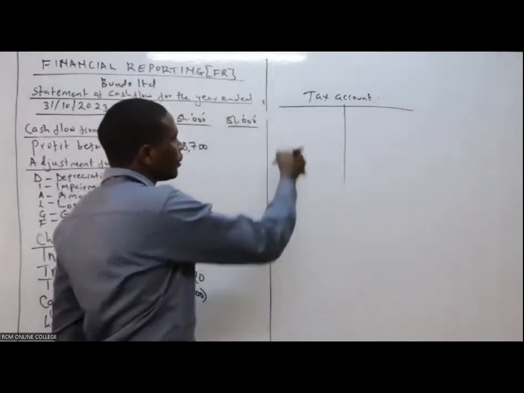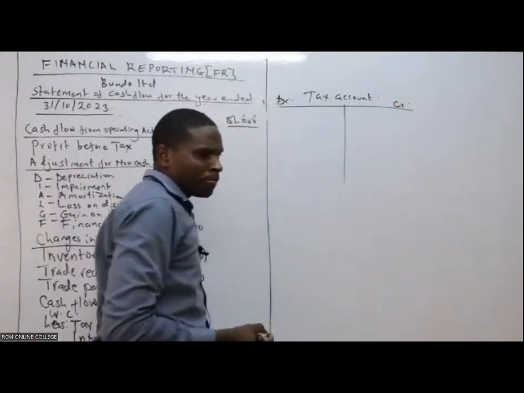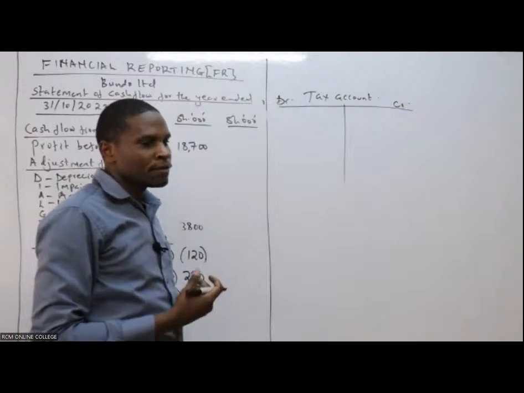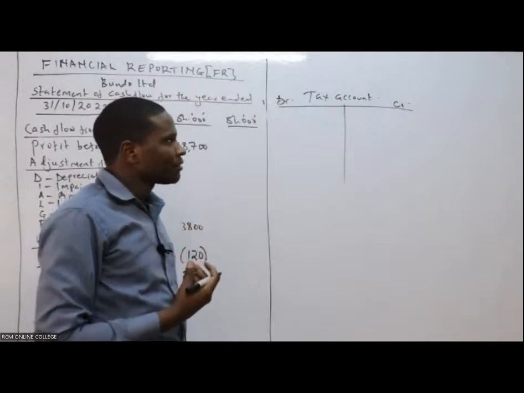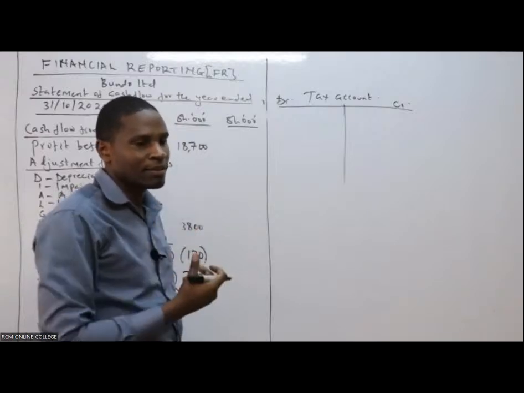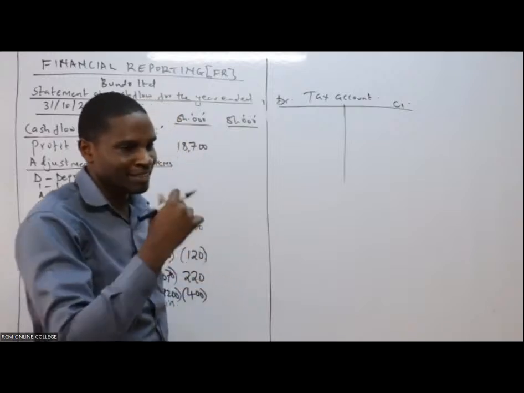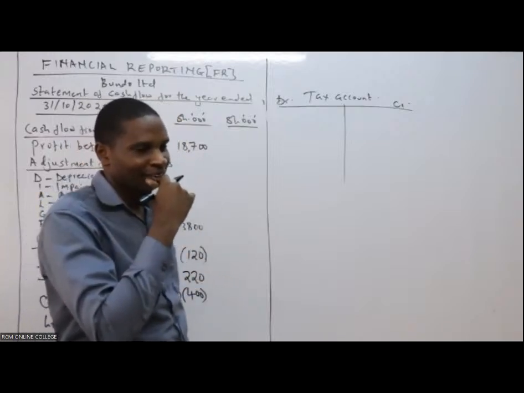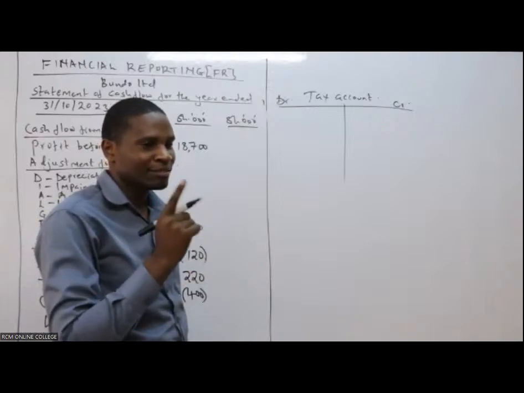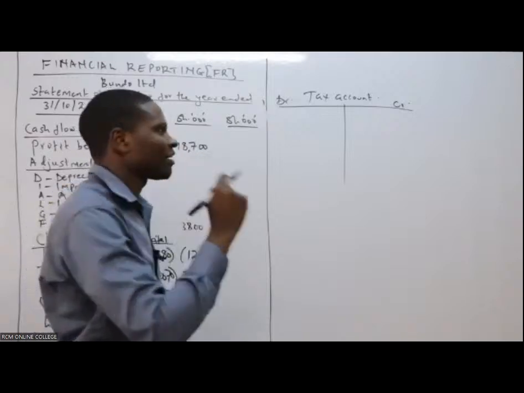At your account, this debit side, this credit side. Can you tell me, this thing we have sung very many times: which balance does tax have? Does tax have a debit balance or a credit balance? My fellow accountants, it has a credit balance.